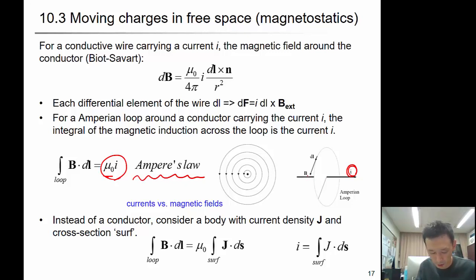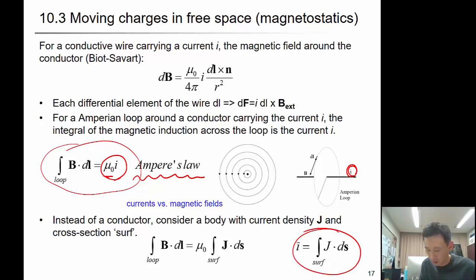And this field has a correlation with the current I. Instead of a conductor, consider a body with a current density J, then instead of mu naught I, you can replace the I with the surface integral of the current density J times dS. Then this will be the equation for that.